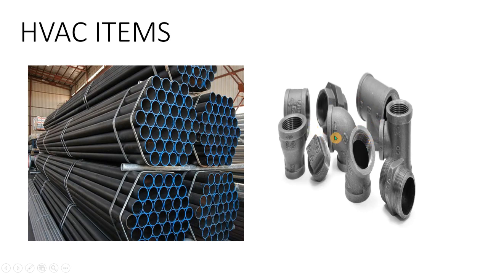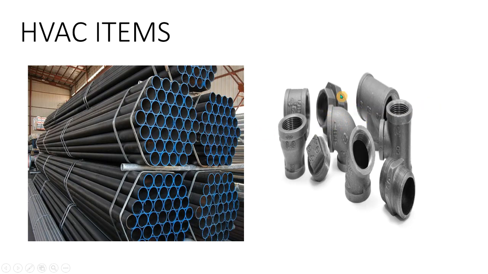Then we have pipe fittings as well. There are plenty of pipe fittings available, as in we have coupler, reducers, end block, elbows, nipple, union, and tee. These kinds of fittings are available when it comes to pipes.